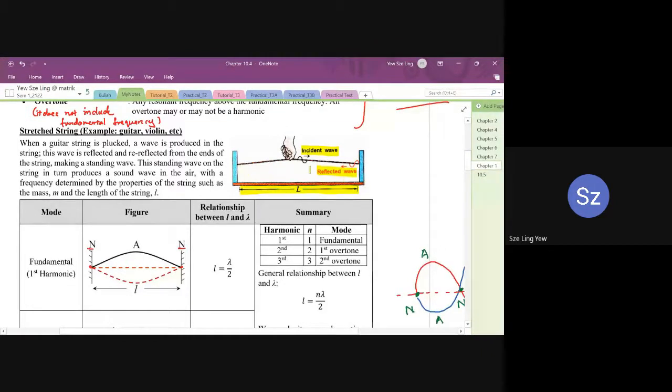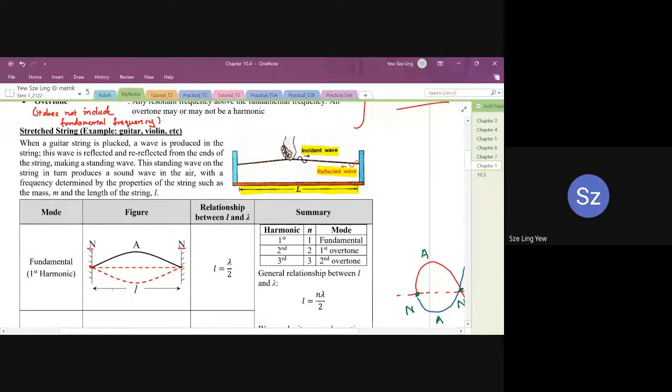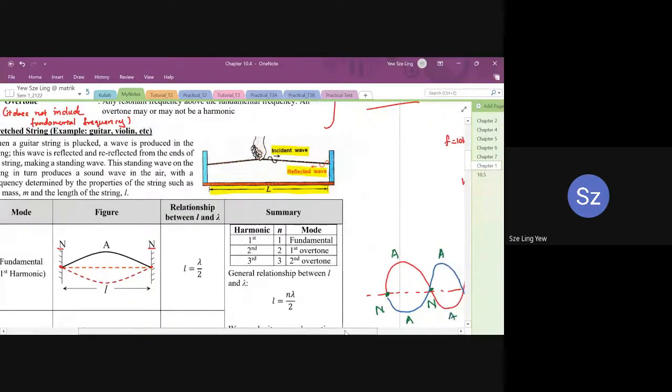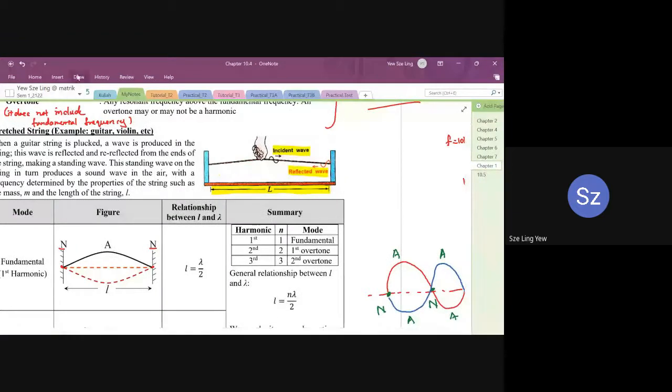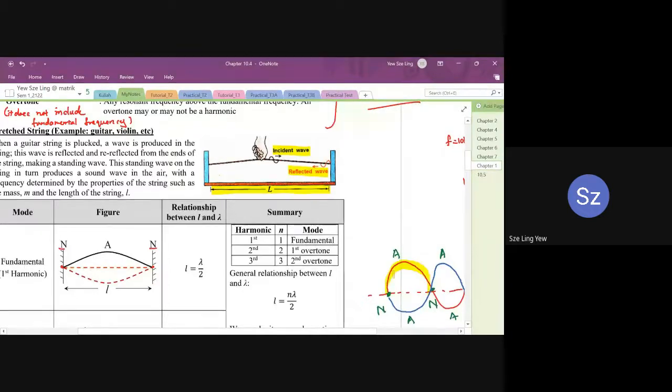If you pluck the string and when it is reflected, it gives you a shape as shown in the first figure in the table, then what can we say about this wave? We say this L is equal to lambda over 2. It gives you only a half cycle. When you compare to the shape on the right hand side, the shape for the first figure is actually just the first half cycle, the red cycle.